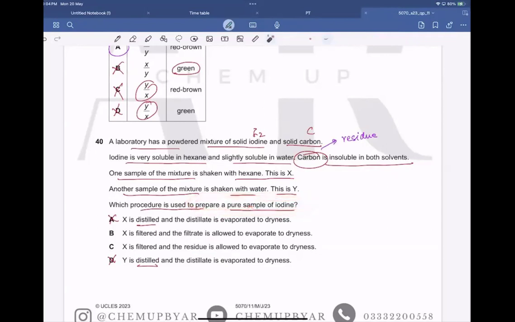So why would I allow the residue to dry? If I allow the residue to dryness, how would I get iodine? So that's why C goes wrong. When I allow the filtrate to dryness, I am going to get the iodine. Okay, Shayan? So that's why B is the correct answer.